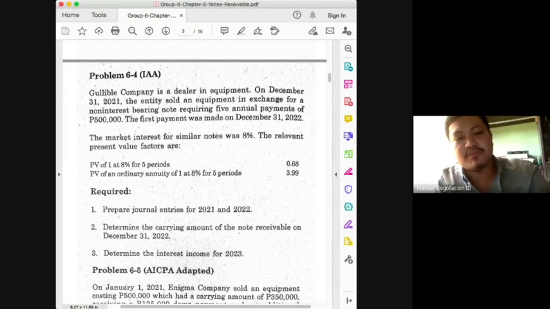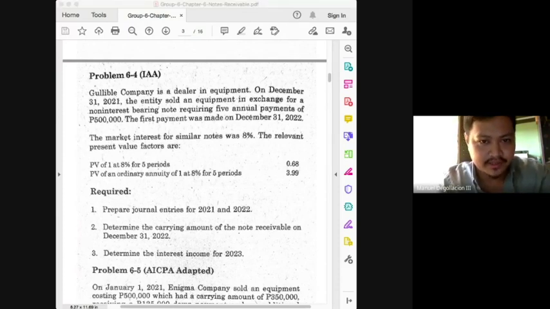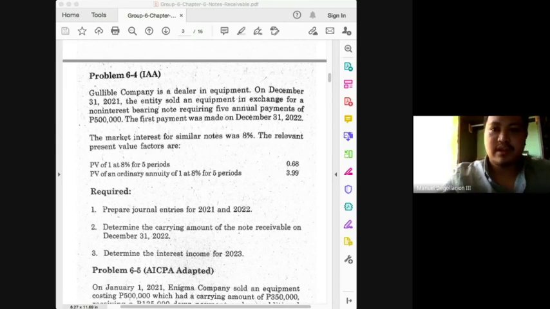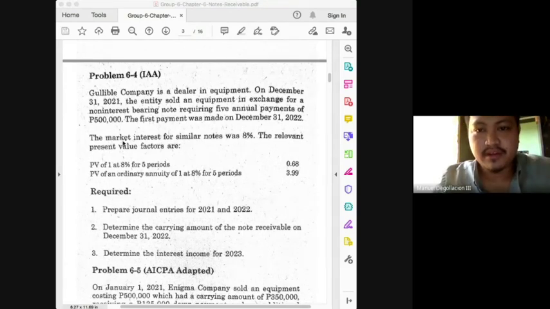And you'll just have to keep on repeating that procedure, class, for the next 3 years. For interest income for the third year, multiply 1,286,968 with the 8%, and so on and so forth. To get the carrying amount, it's simply the gross balance of the receivable minus the unearned interest income.